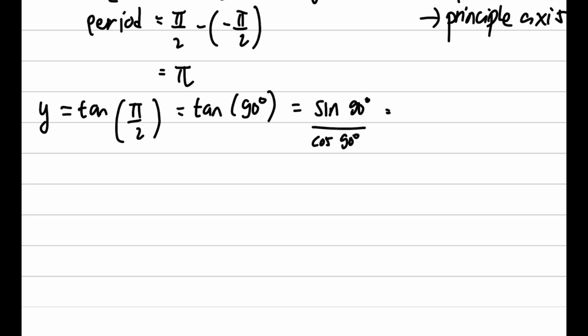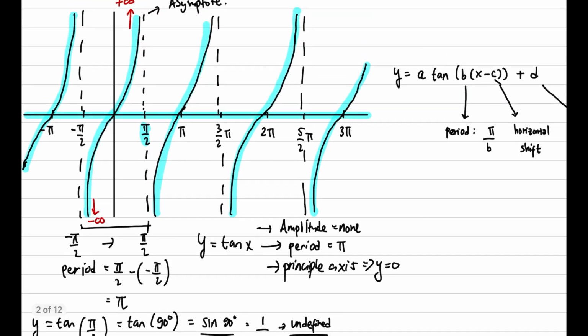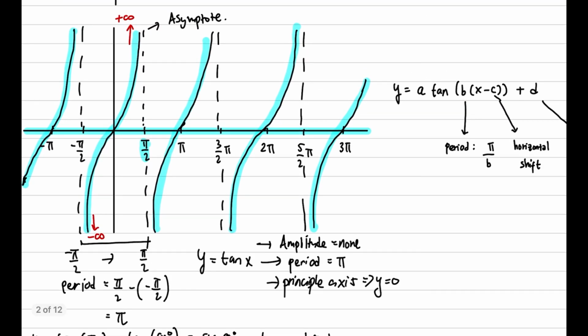And we know that sine 90 degrees is 1 and cos 90 degrees is 0. If you use a calculator, it's undefined. It means that it's illegal. You cannot have a number divided by 0. It's undefined, meaning that the tangent function does not have a value at the asymptote. And that will repeat every pi because that's the period.